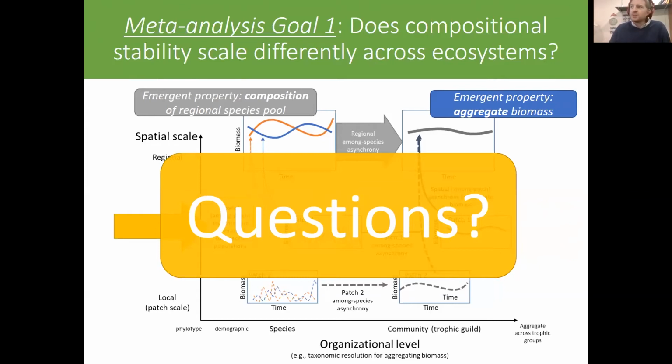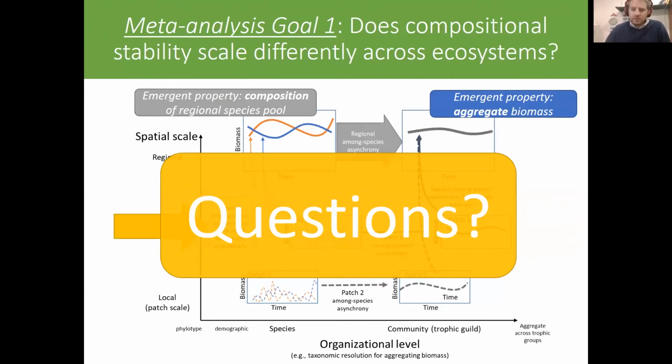Another question says, I would expect higher dispersal to homogenize the metacommunity, not lead to an unstable metacommunity. That's a good point. The way some of the studies and hypotheses address this issue is that if you have really high dispersal that's homogenizing, it essentially makes the entire metacommunity act as one community.